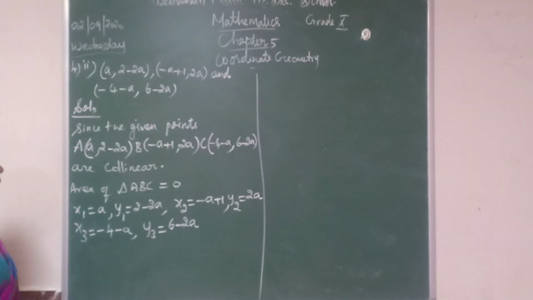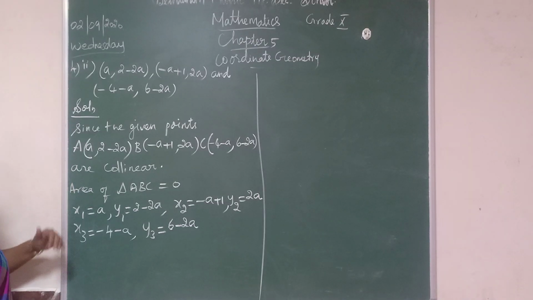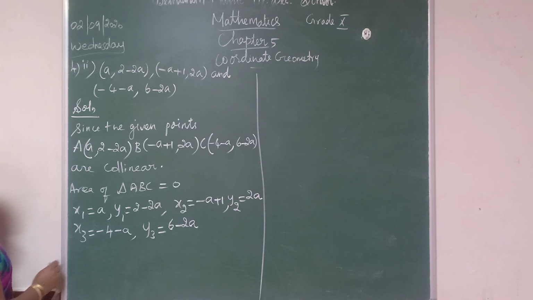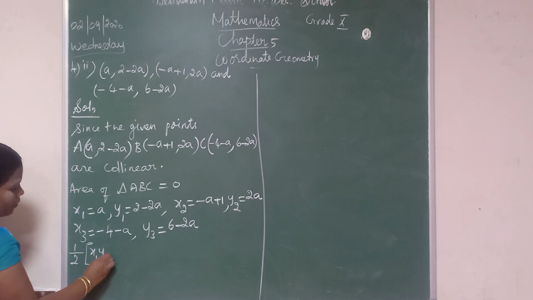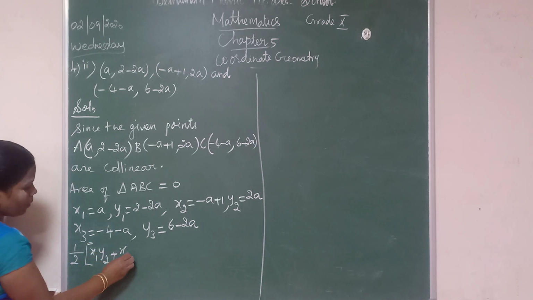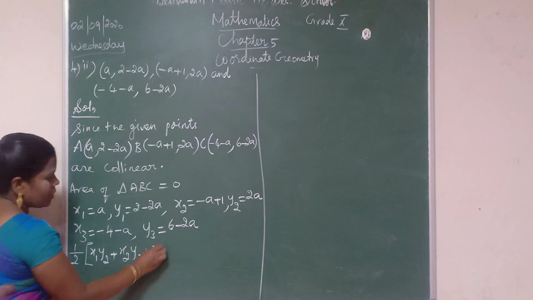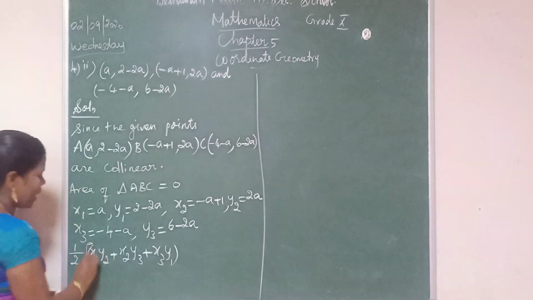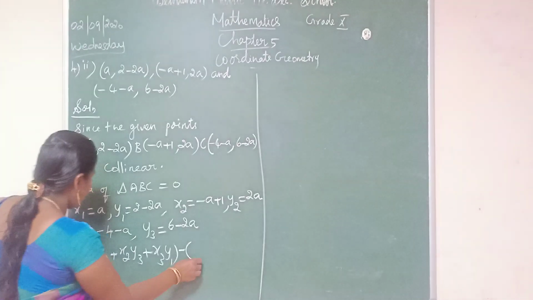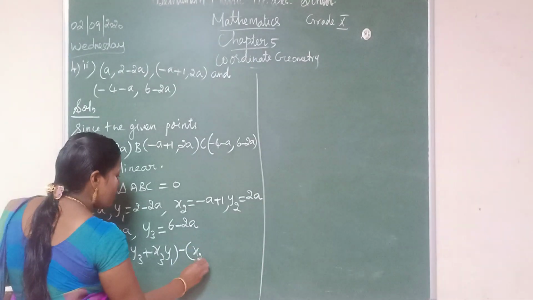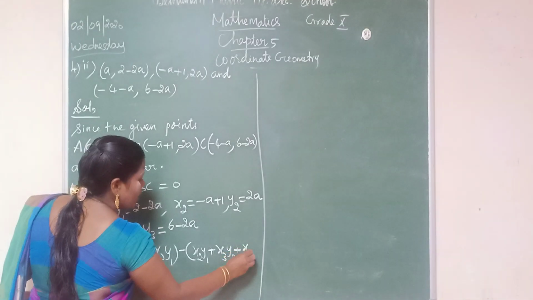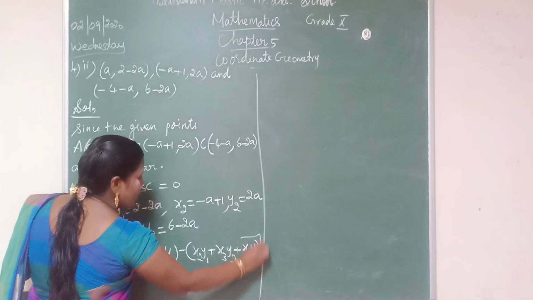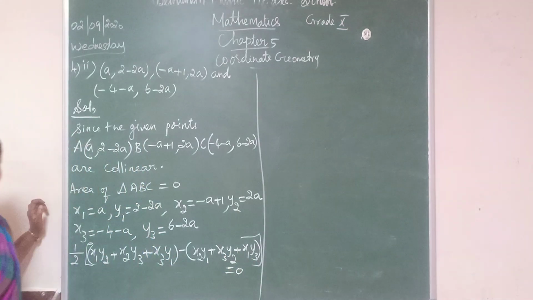So let's substitute these values in the formula. We know the area of triangle formula. Recall the formula. Area of triangle ABC is half of (x1 y2 plus x2 y3 plus x3 y1) minus (x2 y1 plus x3 y2 plus x1 y3), which is equal to 0 since the points are collinear.